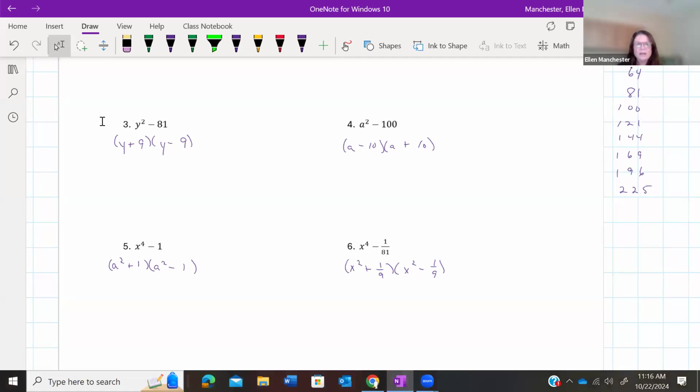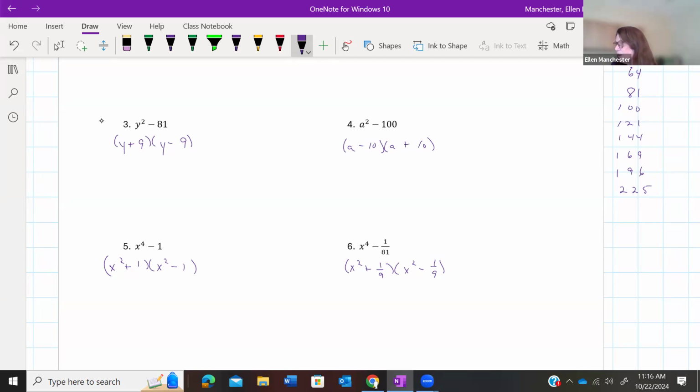Okay. Now, 5 and 6, there's a little bit of a wrench into the system because we have x. No, that should be x, not a. Because we have x to the 4th. All I'm doing is cutting that exponent in half.